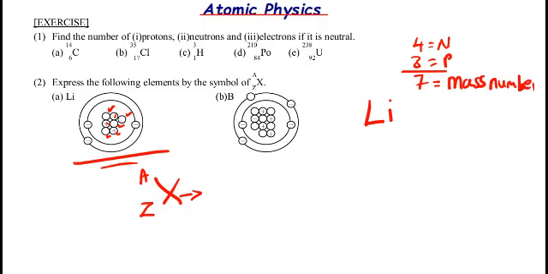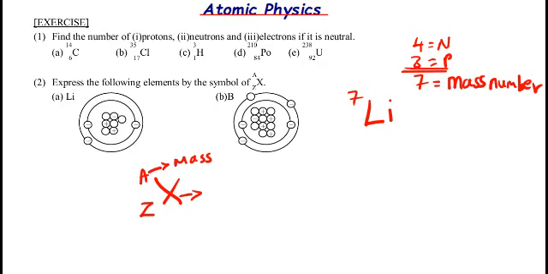That is our mass number. And then remember, this 7 is going to be there, and then now we are remaining with the atomic number. Now the atomic number is the number of protons. Now we have how many protons?